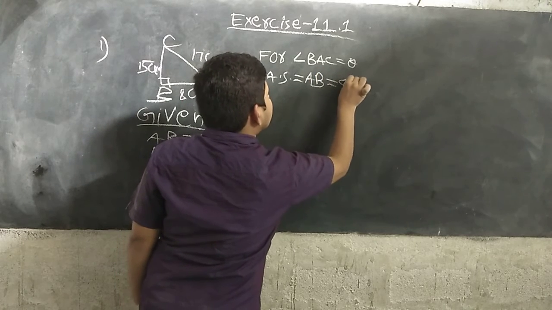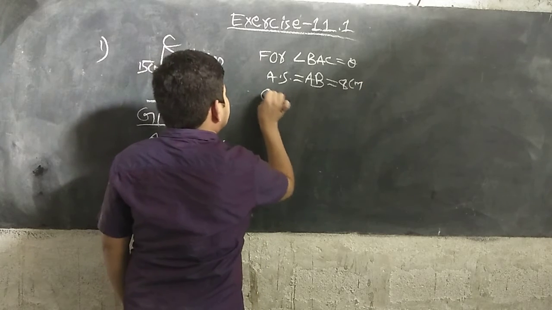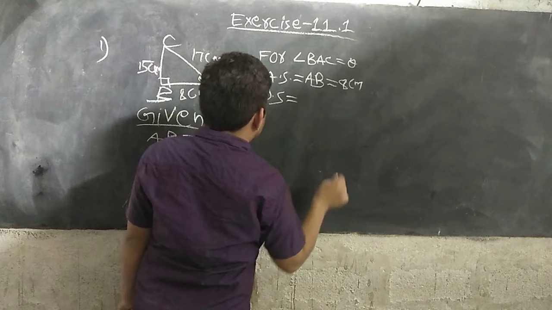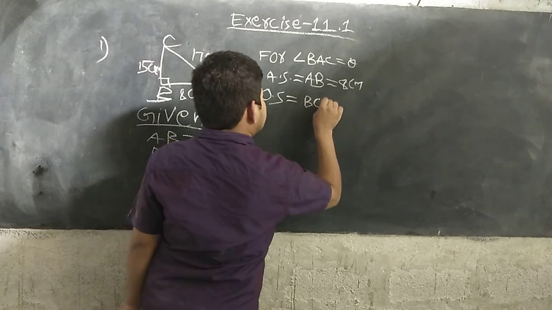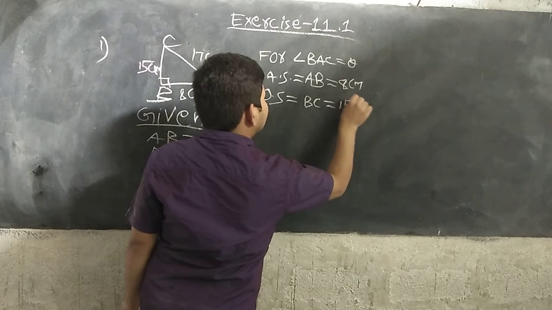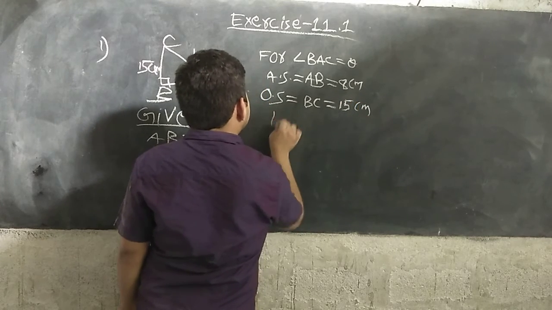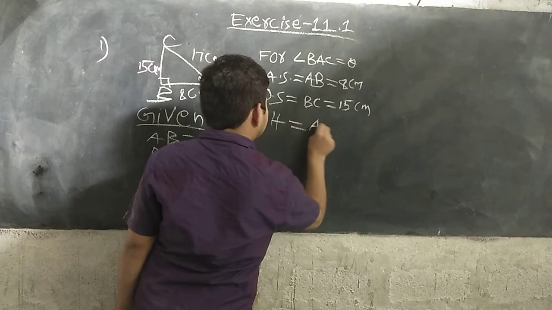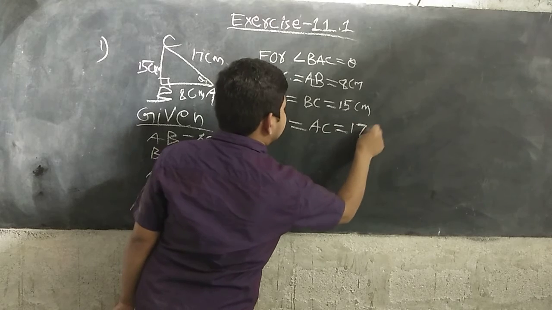Opposite equal to BC, BC equal to 15 centimeters. Hypotenuse equal to AC, AC equal to 17 centimeters.